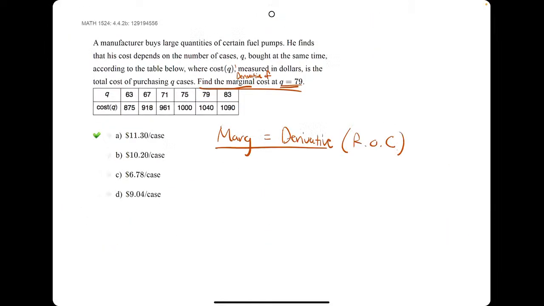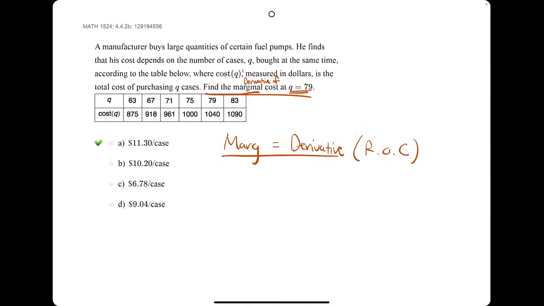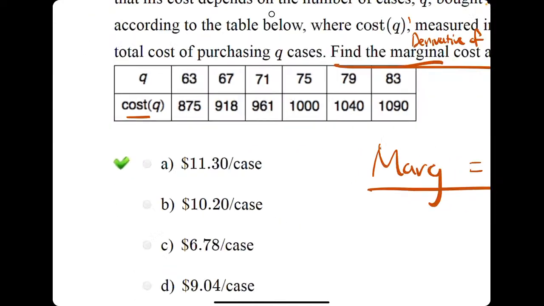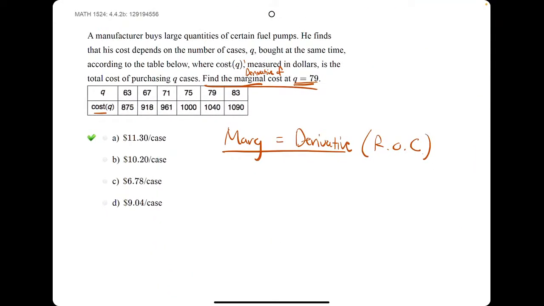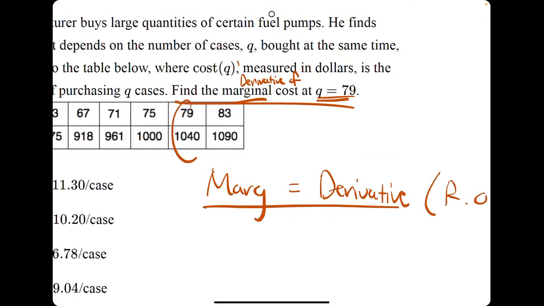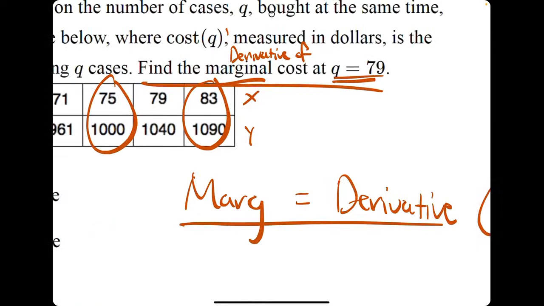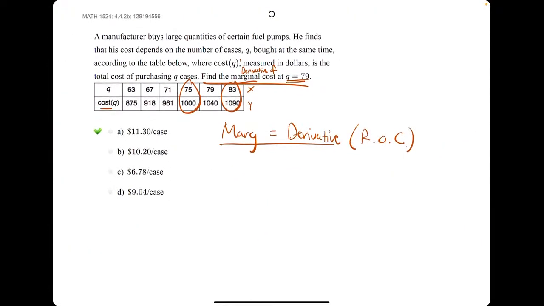When we're given a table of values like this, and we're only given cost values, in order to estimate the derivative, or the rate of change, or the slope of cost at 79, we always want to use the values left and right of 79. Top values correspond to x values, and the bottom correspond to y values.